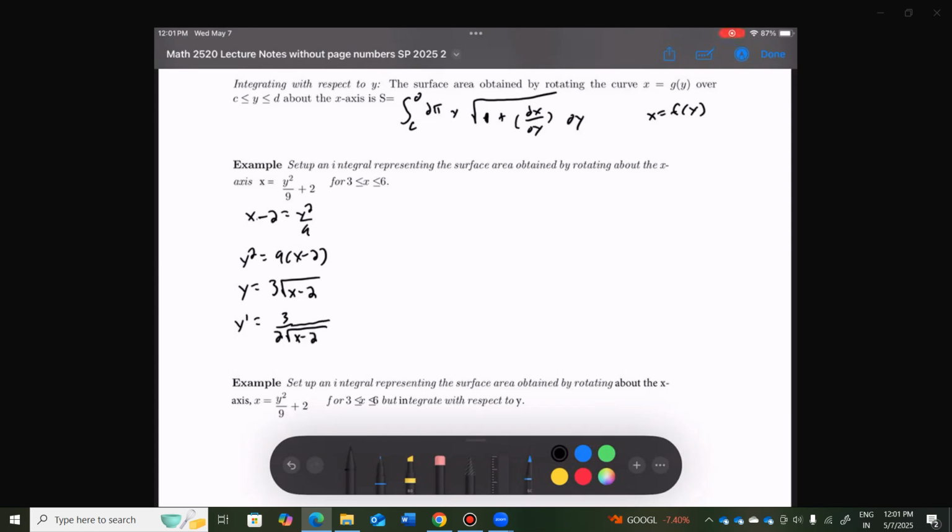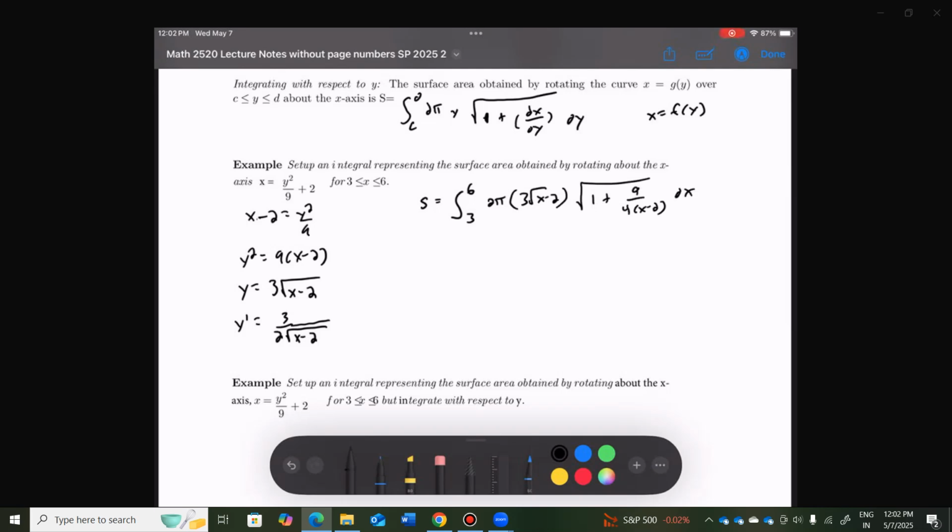Okay. So now surface area. Now we're going from 3 to 6. Two pi, and y is 3 square root of x minus 2, and square root of 1 plus 9 over 4 x minus 2 dx.